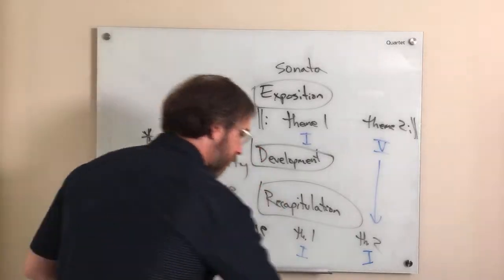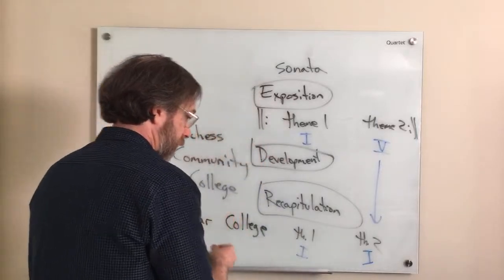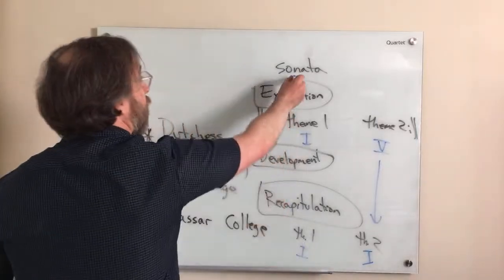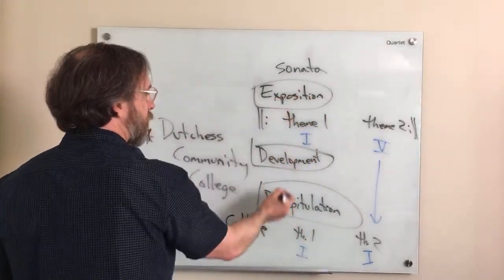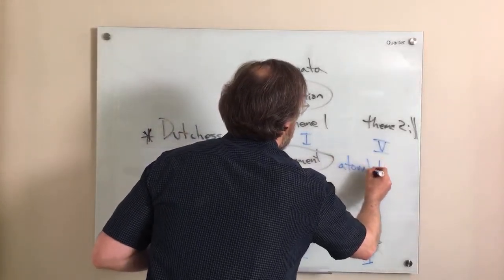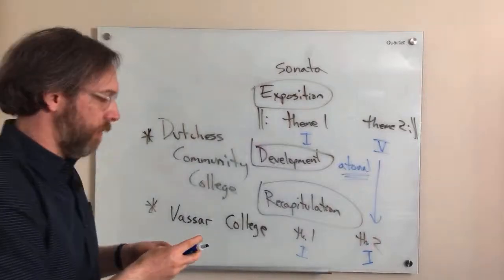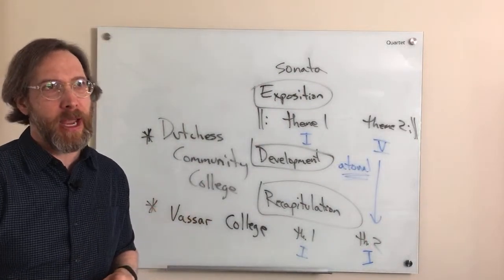So the question is, do I know of any examples where you have this regular key scheme for the exposition and the recapitulation, but you have an atonal development? I don't know of any examples off the top of my head.